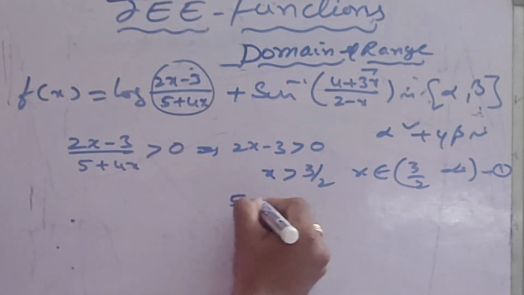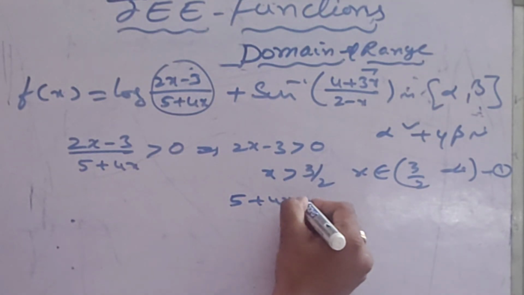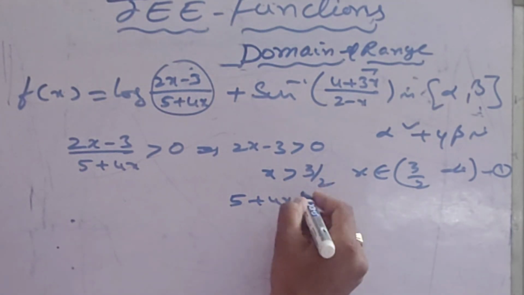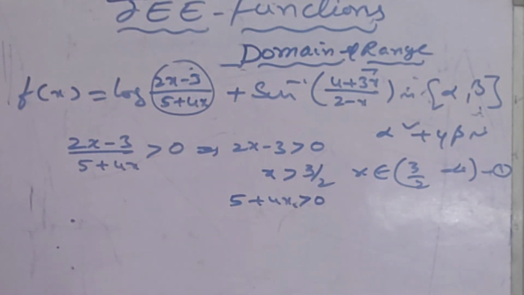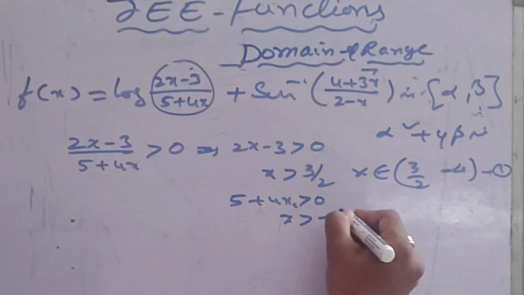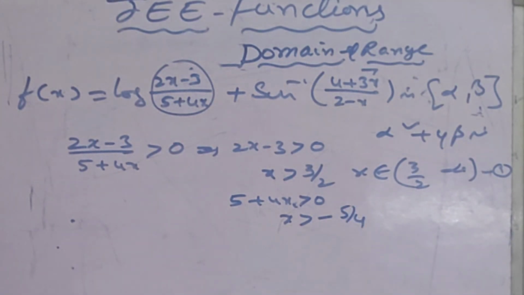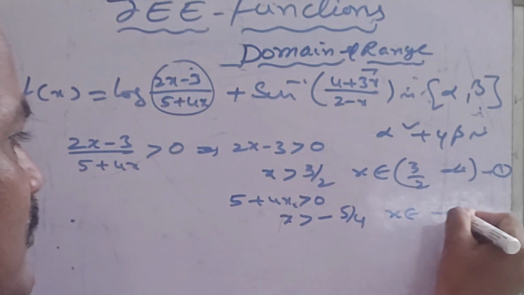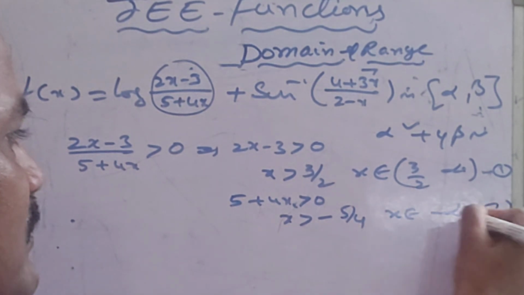Second case: 5 plus 4x is not equal to 0, also greater than 0, so x is greater than minus 5 by 4. Here x belongs to (minus infinity, minus 5 by 4).